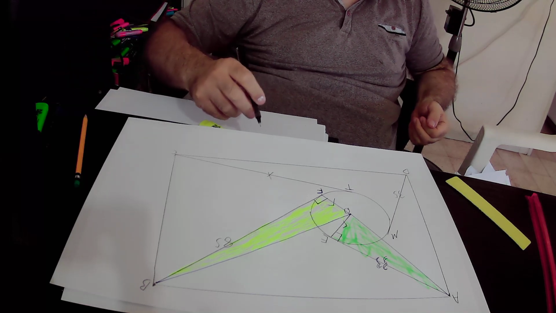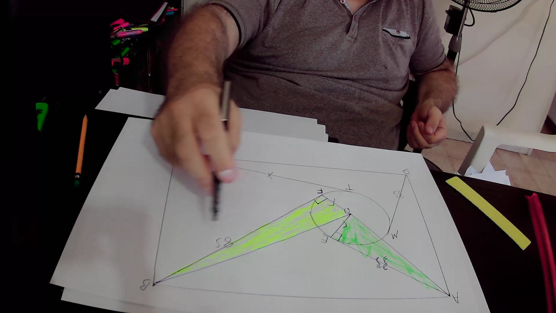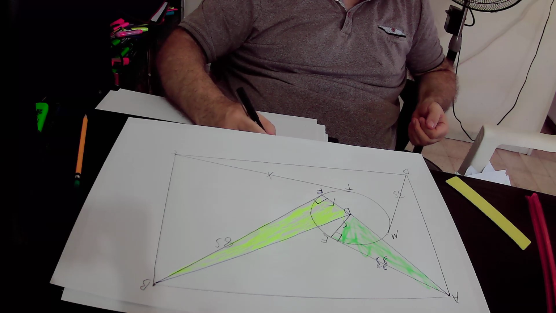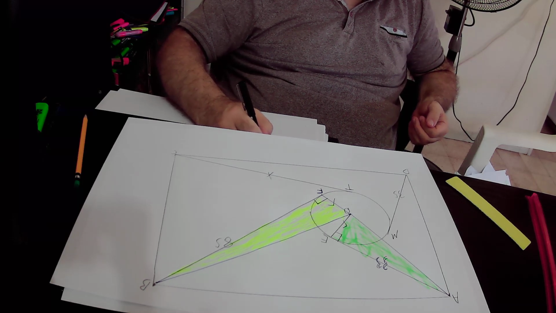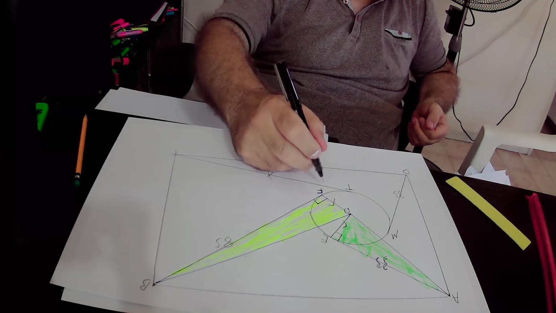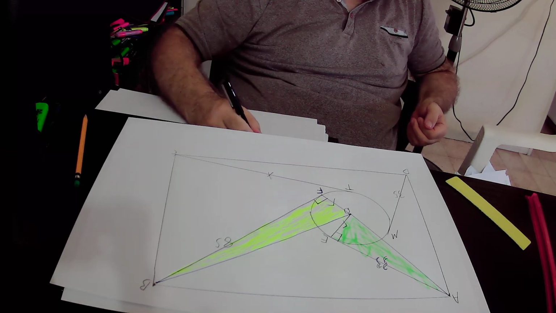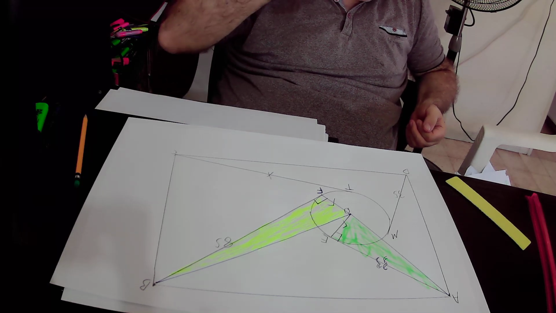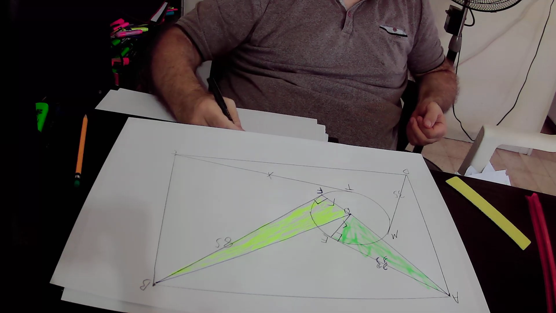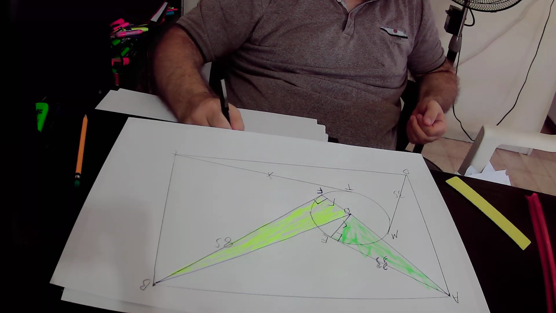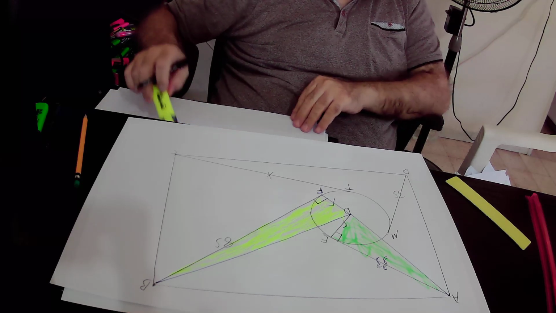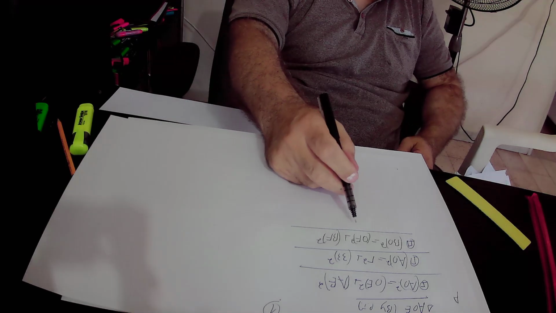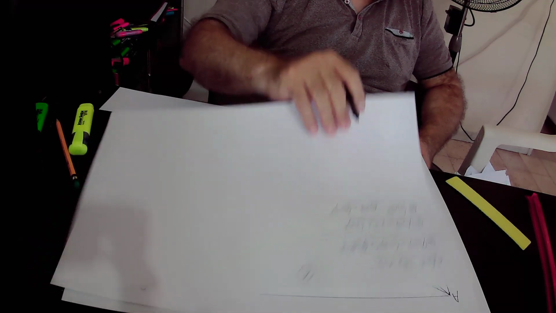So according to the Pythagoras theorem, we get that in the yellow triangle BO square equals OF square plus BF square. Repeat again, in the yellow right triangle, BO square equals OF square plus BF square.